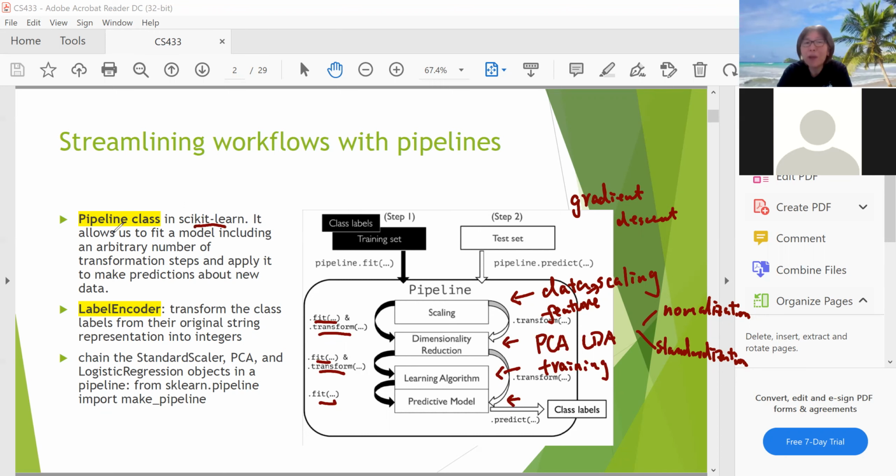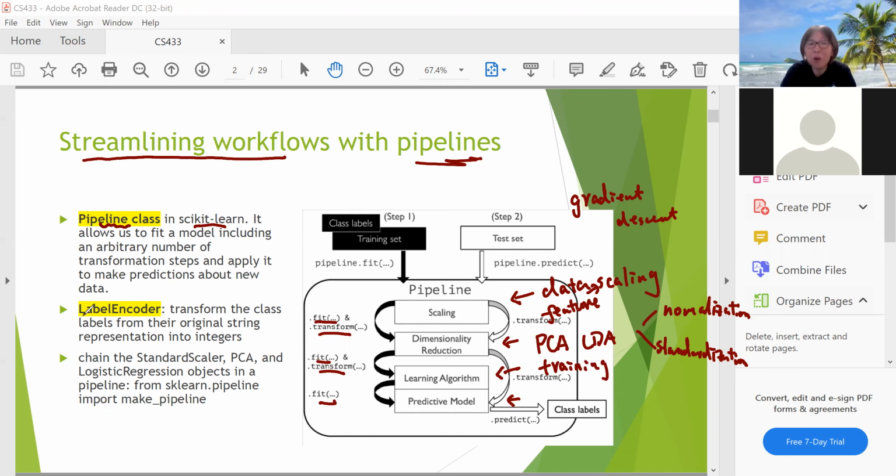In sklearn, we can do pipeline processing, streamlining the workflows with pipelines, so we don't need to write them one by one individually.